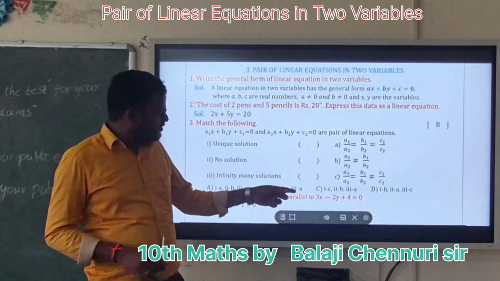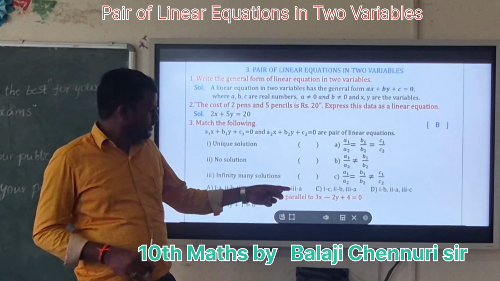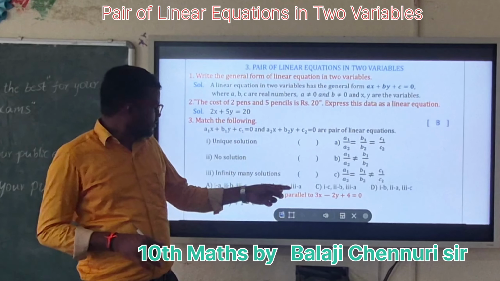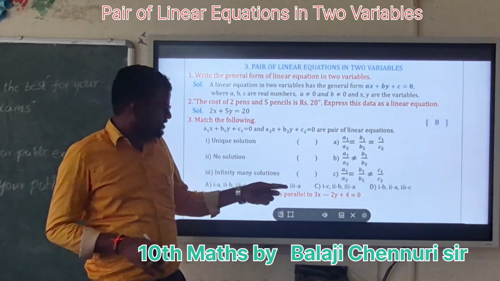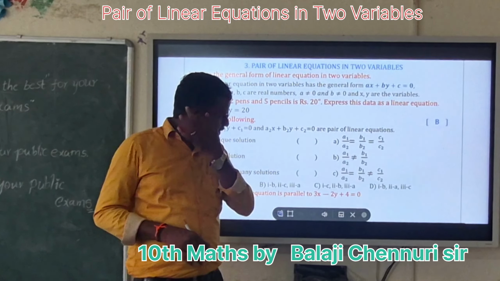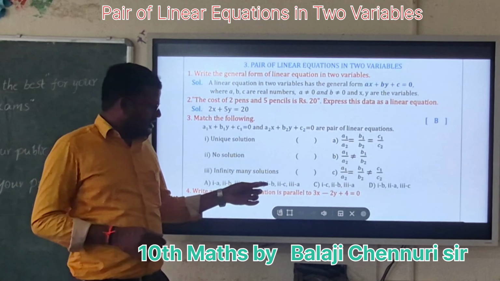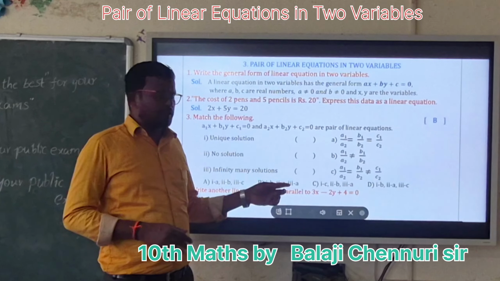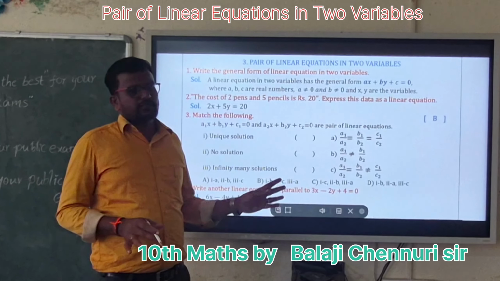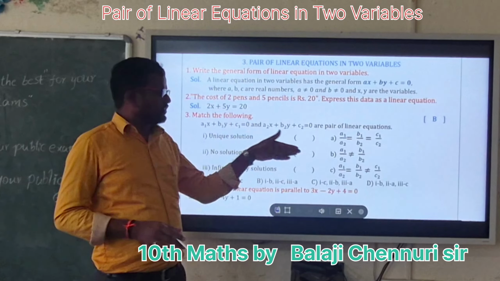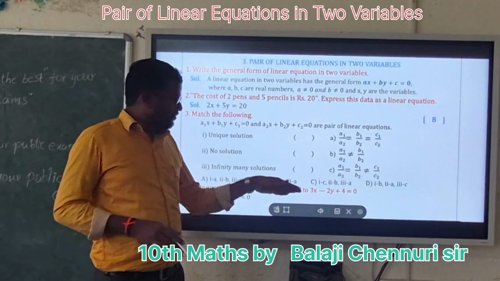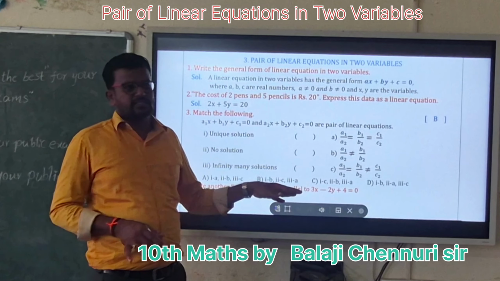Then the third matching: 3, infinitely many solutions, means a1/a2 = b1/b2 = c1/c2. Therefore 1 is with B, 2 is with C, and 3 is with A. First we have to study, then go with the matching and choose the correct choice.